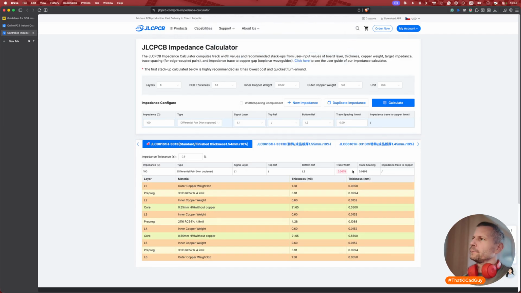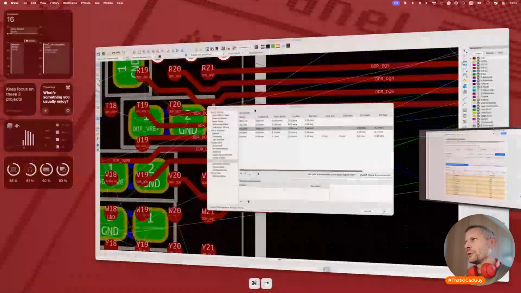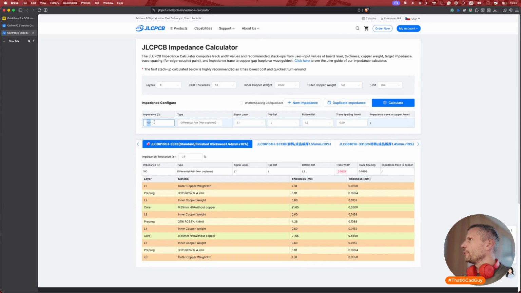Okay, so if I use this spacing for the 0.0762 track width, what will be the impedance? The track will be wider, so the impedance would be higher. So let's say 110.